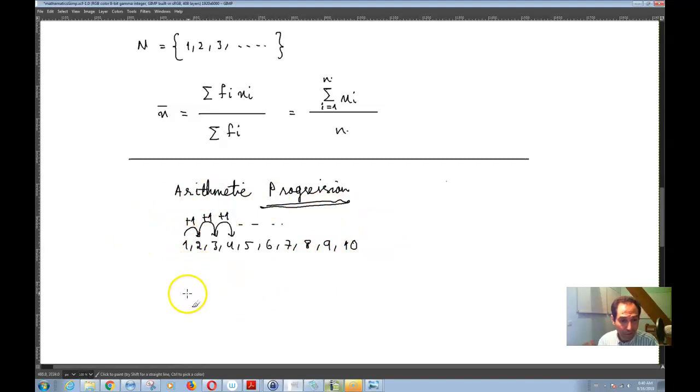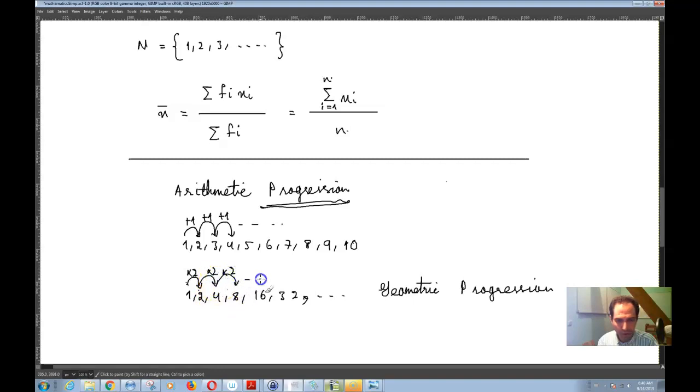On the other hand, if you have 1, 2, 4, 8, 16, 32, and so on and so forth, then this is called a geometric progression. A geometric progression is the kind of progression where you multiply this number by 2 to get the next one, multiply by 2 again to get the next one, and so on.